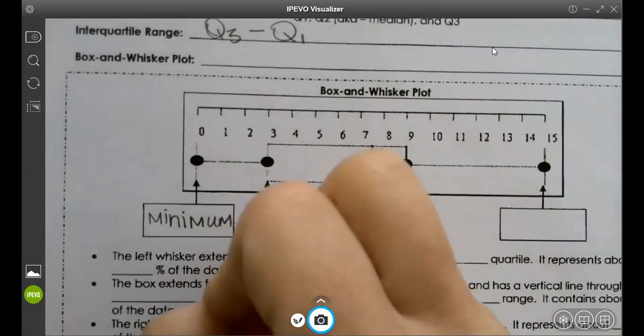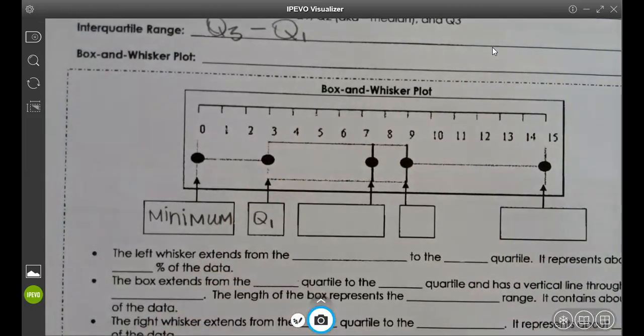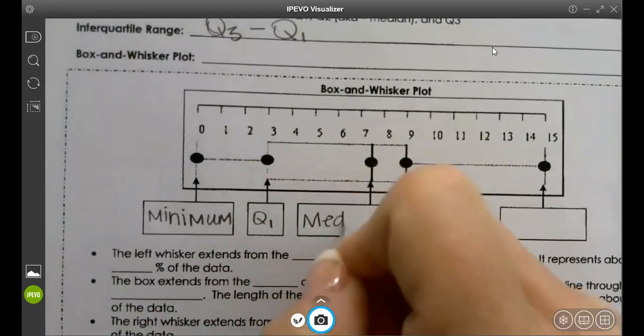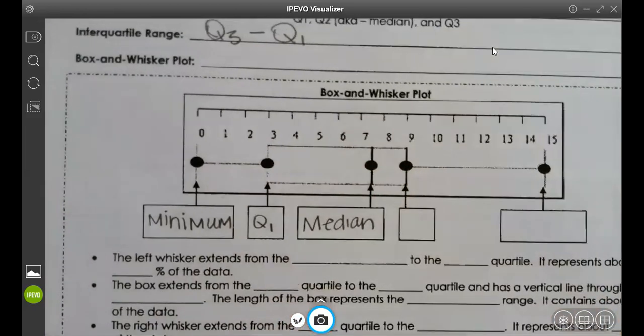This next number is what we call your Q1 or your quartile 1. Your Q1 is your median of your lower half of data. The middle number is that median that you've been finding. Okay, so you know how to find the median. That's the middle of all the data.